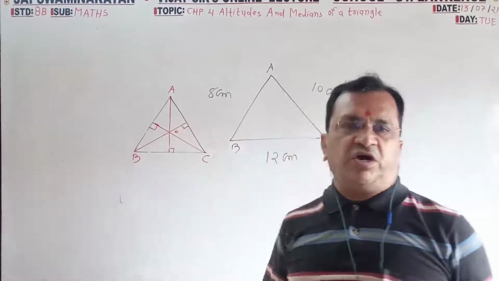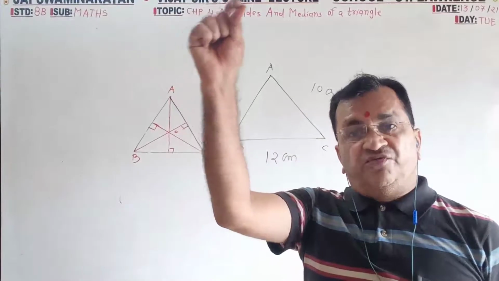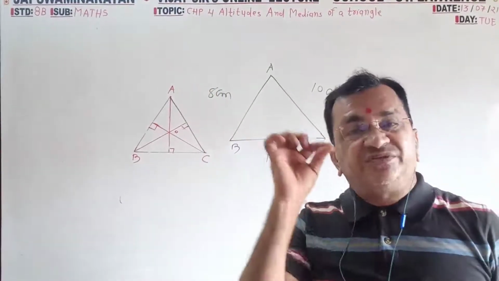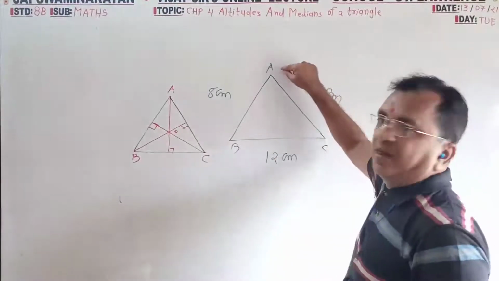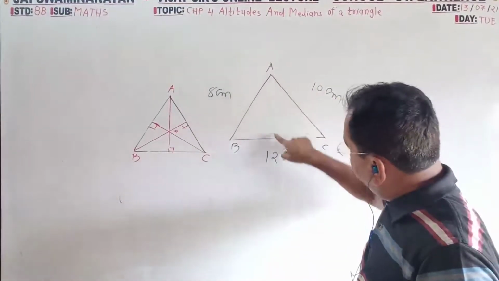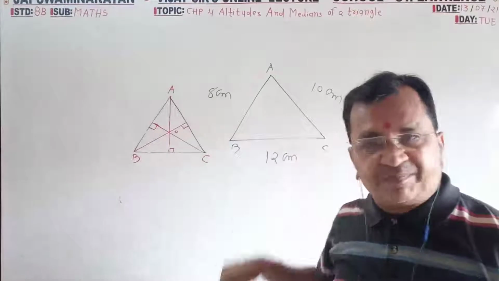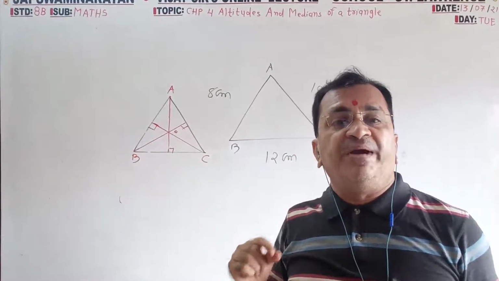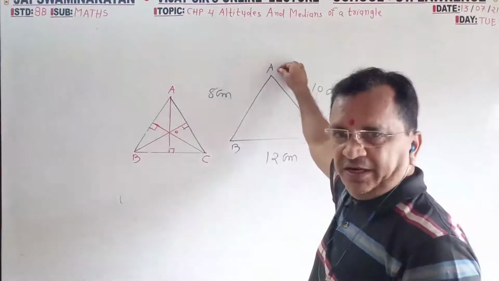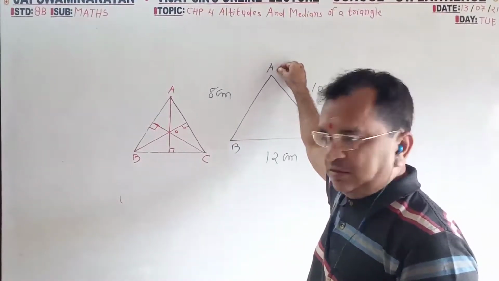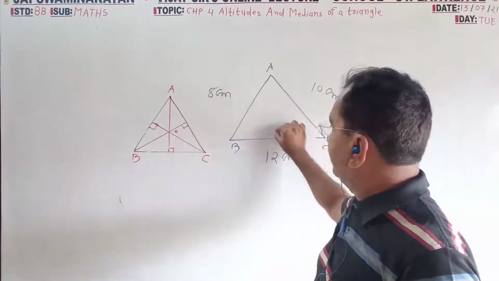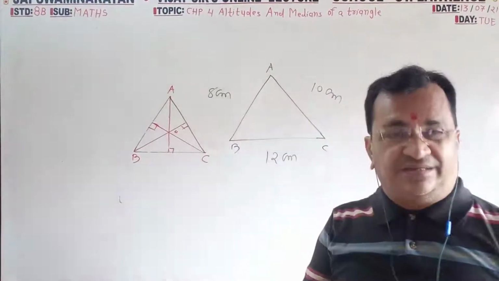The altitude definition is: from a point we draw a perpendicular on the opposite side. Now, a segment joining a vertex to the midpoint of the opposite side, not perpendicular. Instead of perpendicular, you have to use the word midpoint. A segment joining a vertex to the midpoint of the opposite side, that is a median.